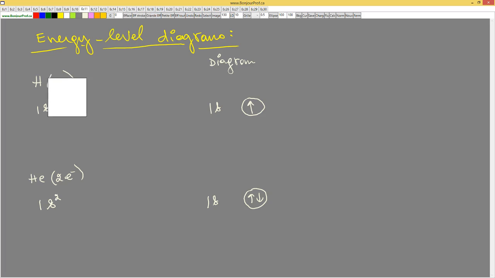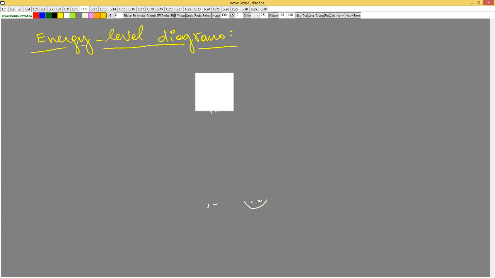Okay, now what about lithium? How many electrons has the lithium? 3 electrons. What is its configuration? Its configuration is 1s2, 2s1. What is the diagram?